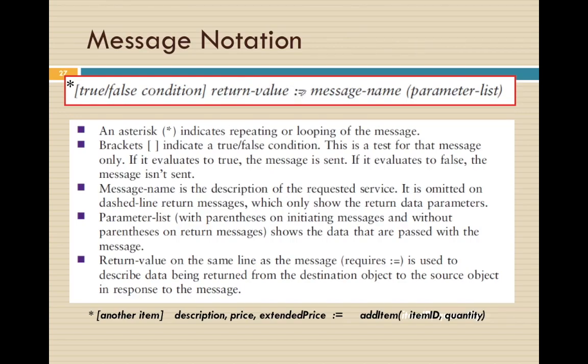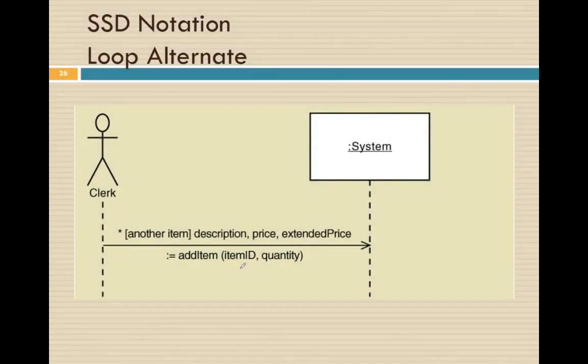And then we have the return value here. We have this symbol and the message name, and in brackets we have the parameter list. What are the inputs that will be sent to the system? So this is the example: the asterisk, the true-false condition. If add another item, it will run this process.